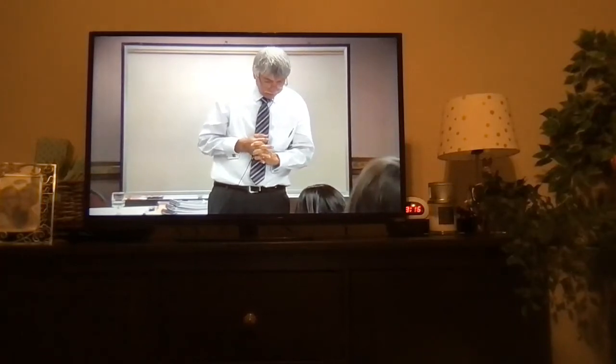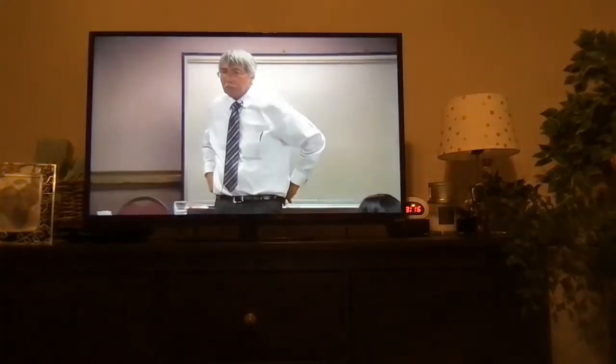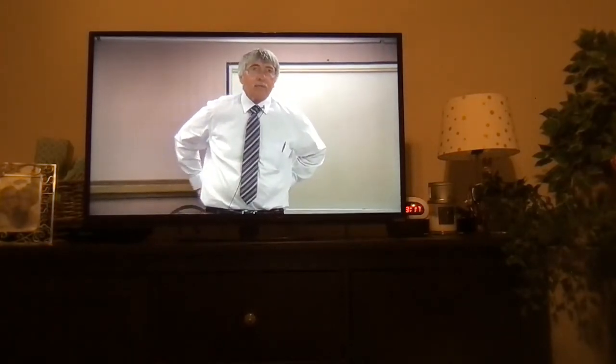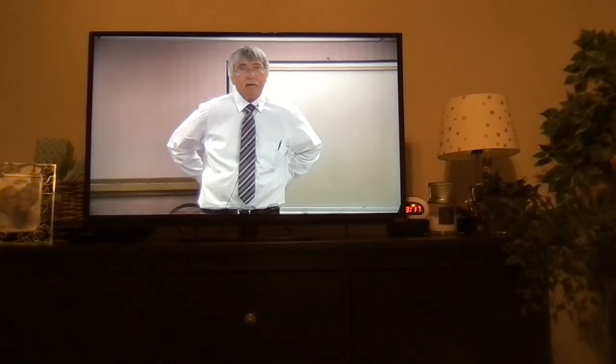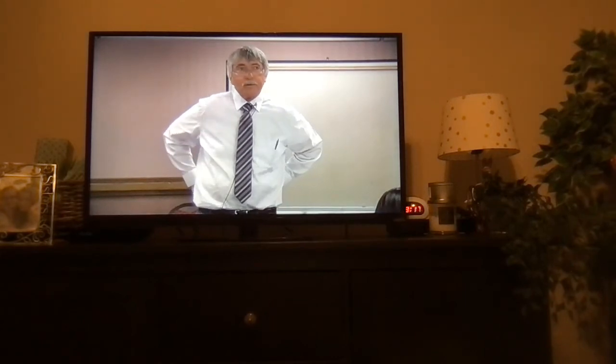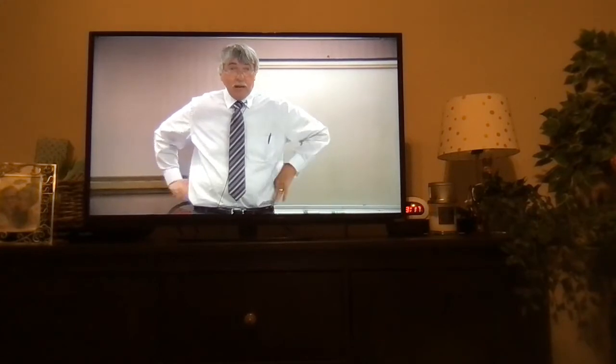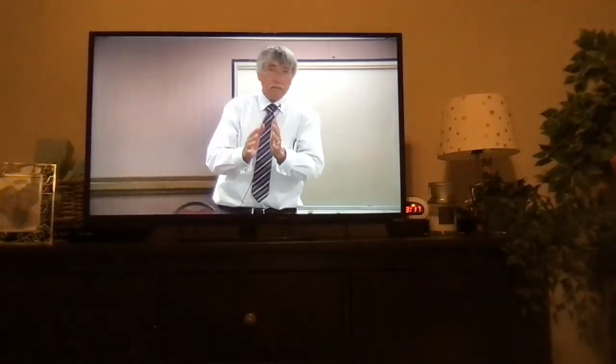Statistical regression. Sometimes we pick people for the study that are at the extreme on some scales or variables or factors. Well, if you test people again, if they've been on the extremes, what happens? They'll regress towards the middle.